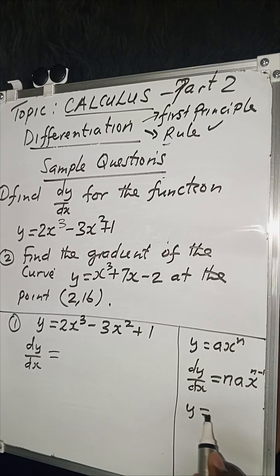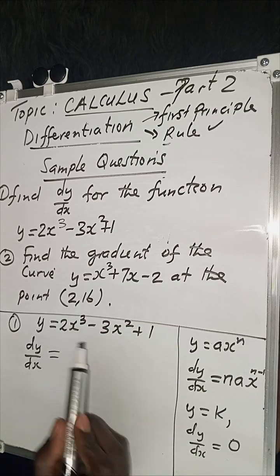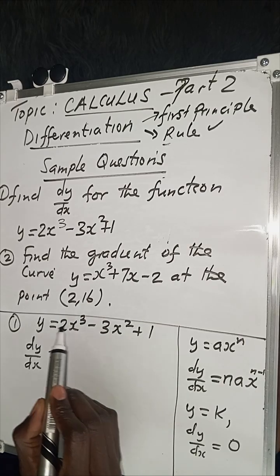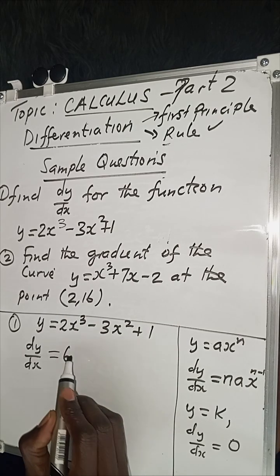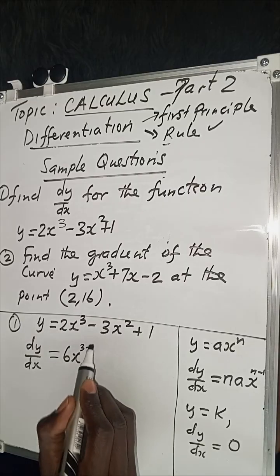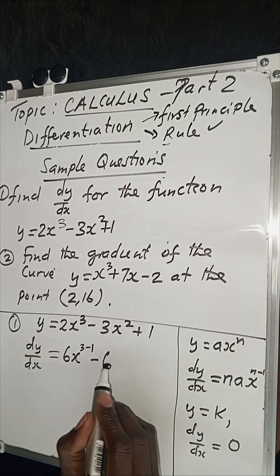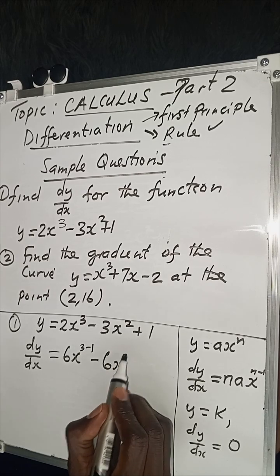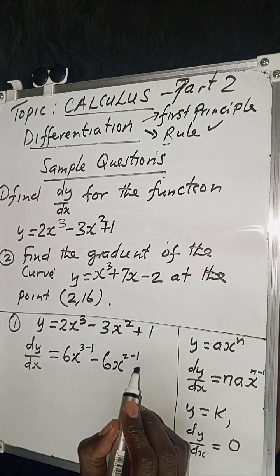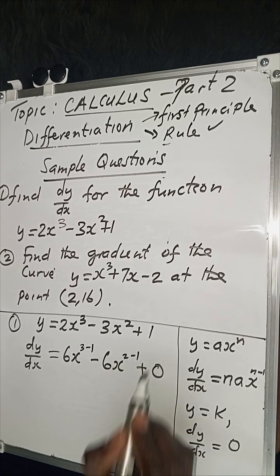Then we did say if you have y is equal to k, where k is a constant, any number, then dy over dx is just 0, so you don't need to waste time. So let's do it here. 3 times 2 gives 6, and the power 3 reduces by 1. Again, 2 times 3 gives 6, and the power reduces by 1, so 2 minus 1. Plus a constant is just 0.